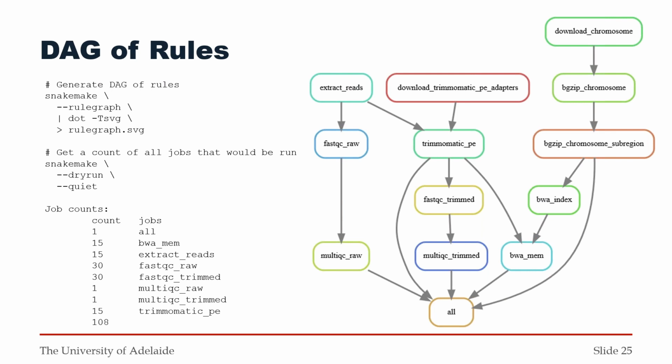With Snakemake, breaking these jobs down into individual rules and tasks, you can see we're going from a single script to hundreds of jobs for a relatively small number of samples. So this enables Snakemake to run these jobs in a more highly parallelized fashion and get the job done faster.